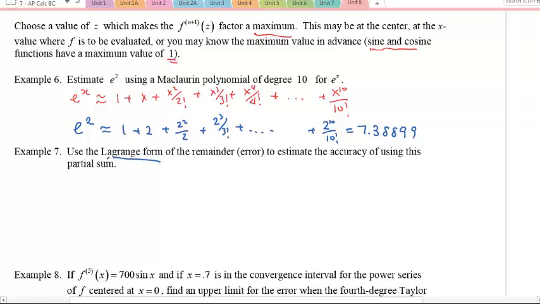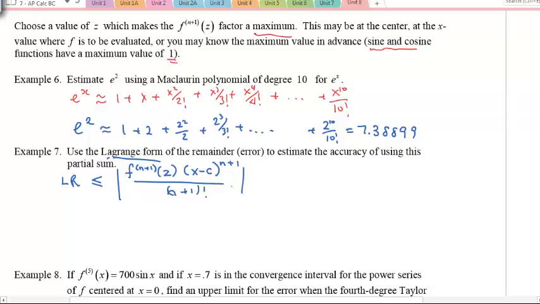So let's see if we can bound how large the remainder will be. Okay. So, looking at the Lagrange remainder, I'll call that LR. From the previous page, it's really the absolute value of the n plus 1 derivative evaluated at z. Remember? That's the max. So x minus c to the power n plus 1 all over n plus 1 factorial.